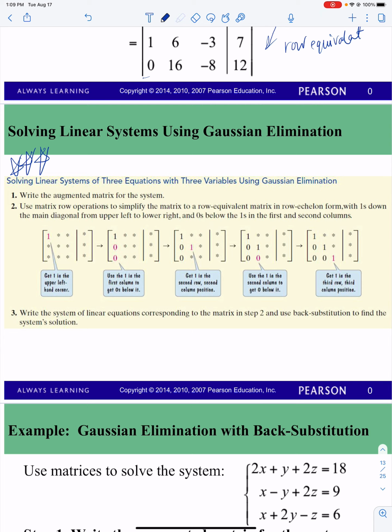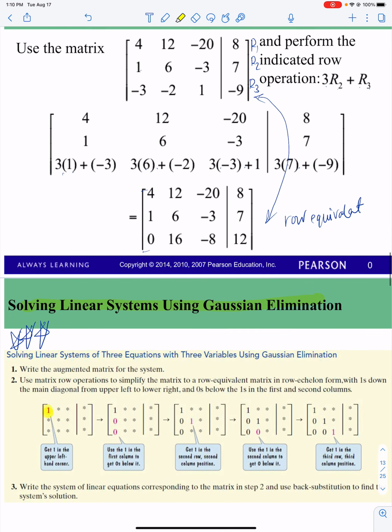If you want to solve a linear system using Gaussian elimination, what are the steps? First, you want the first number on the first row to be 1. Why?